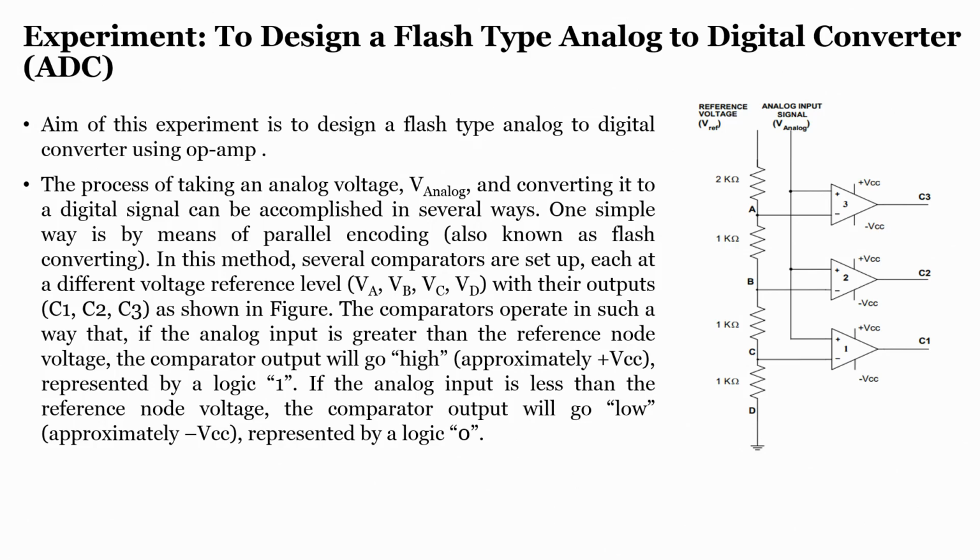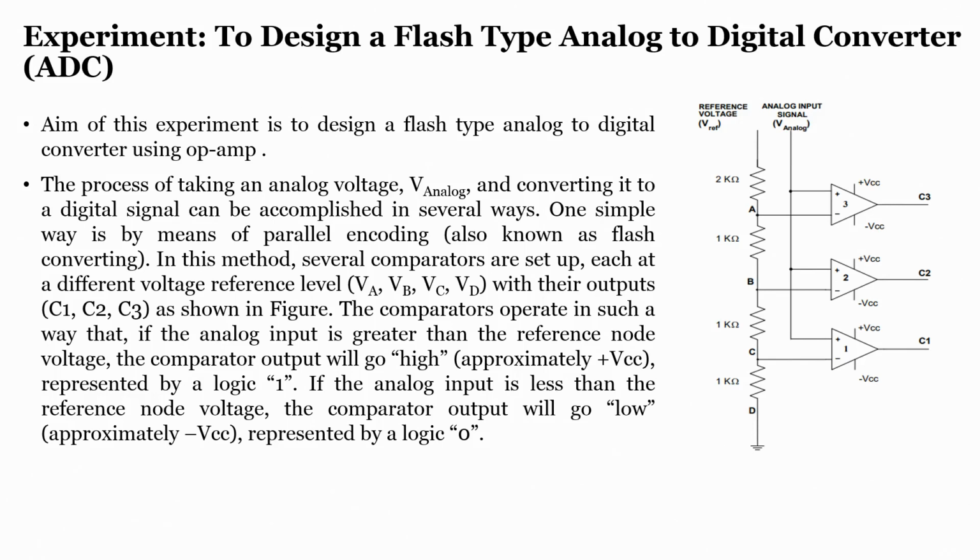Because of that it is very easy to convert your analog to digital, but the problem is that the number of comparators we have to use entirely depends upon how many bits you are using.